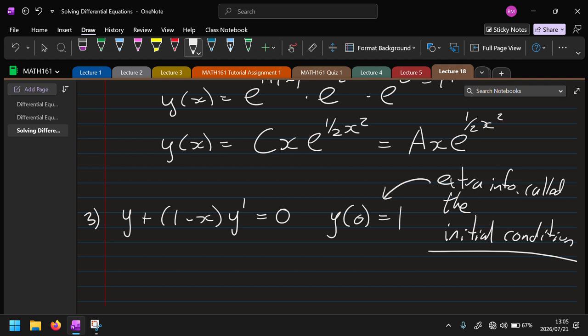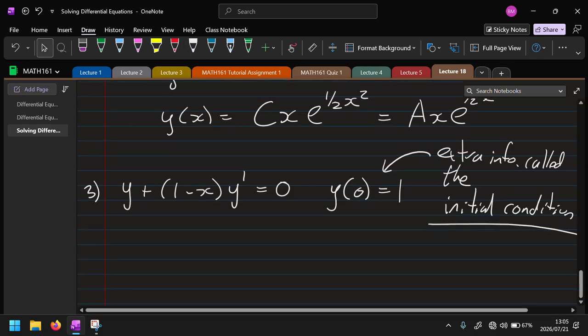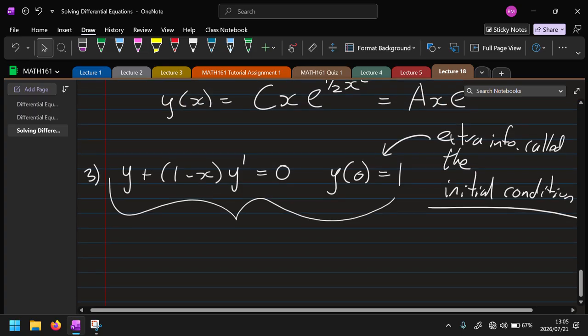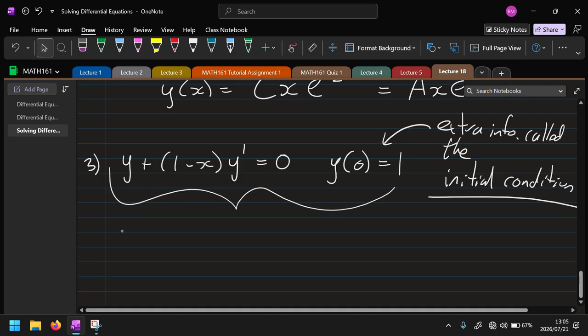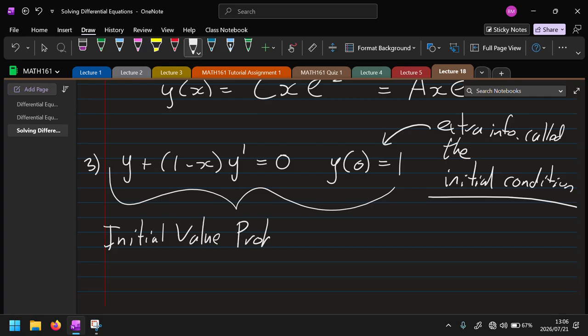And together, the differential equation and the initial condition is given the name initial value problem. Okay, a lot of names, very simple thing. And like with the other things, they all have their own little acronyms.